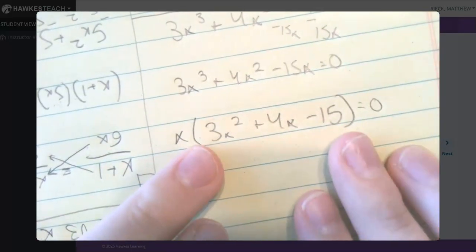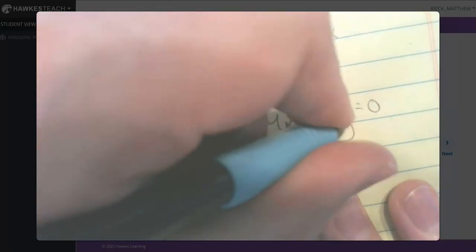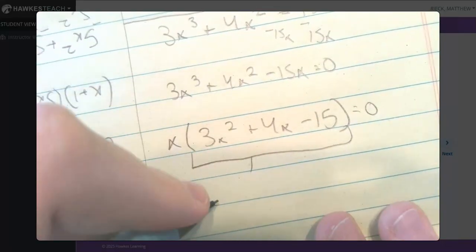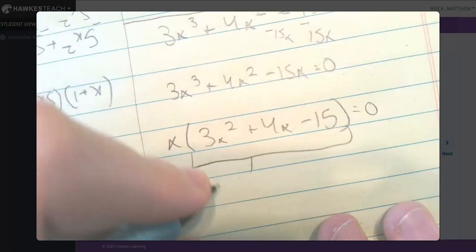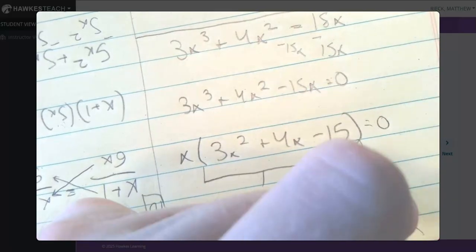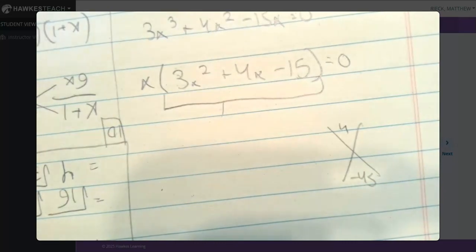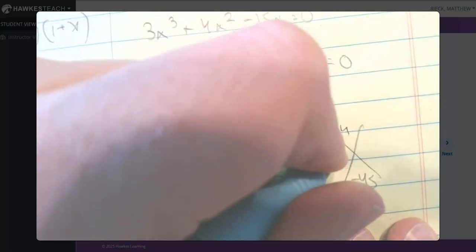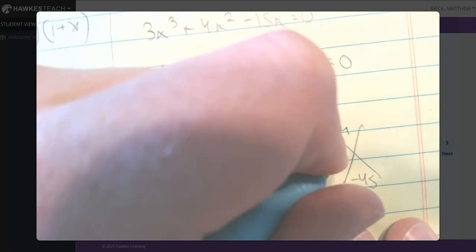All right, looking at this one, since we have a leading coefficient that's not 1, we multiply that times the constant term. So you have negative 45 here, and we want two numbers that add to get 4. That would be negative 5 and positive 9.